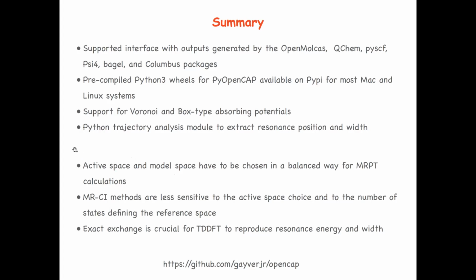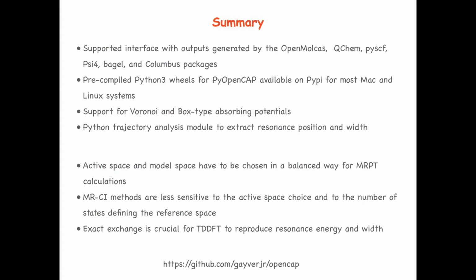Yeah, and in terms of implications for the methods, active space and model space choices have to be done differently in comparison to bound states, and they have to be done in a consistent way. Multi-reference CI methods are less sensitive to the active space choice, but at the same time, we have found that multi-reference CI methods do not necessarily produce smooth potential energy surfaces.